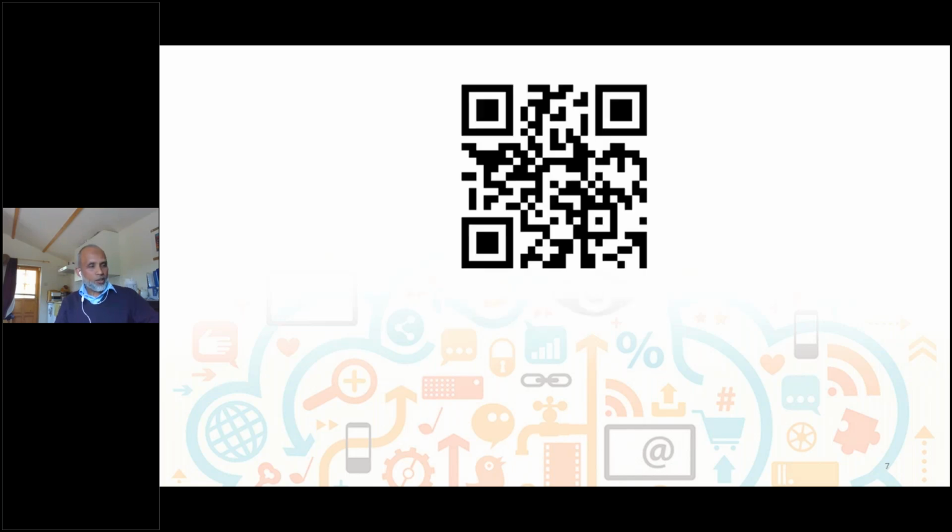Now, there's another code that I placed here. There's another way to use these QR codes in your classroom. Could I ask you to scan this code, please? You will find a sentence there which is not in order.